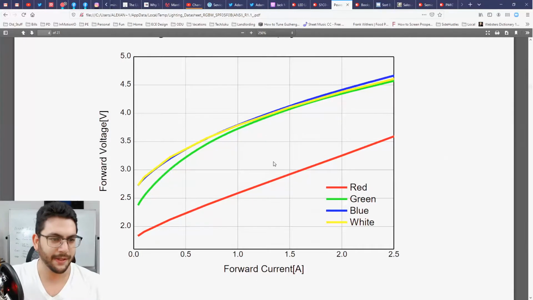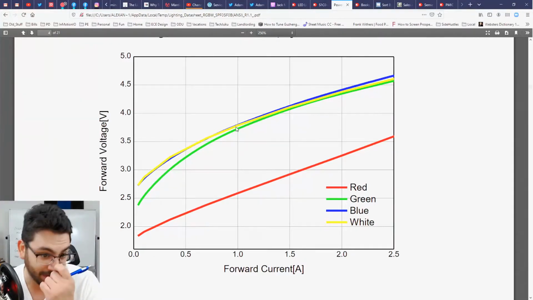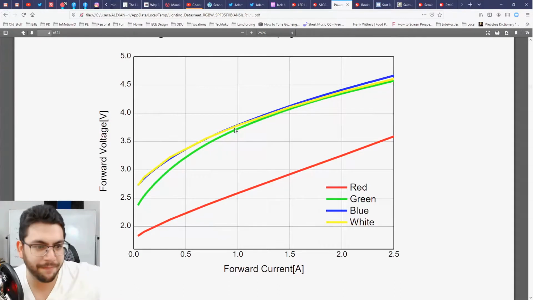Well, I could, I guess, but forward voltage is about, if I'm drawing 1 amp, about 2.7, maybe 2.6 for the red. White, I really don't care about, but white is right around blue. The rest of these are about 3.9, 4 volts. Wait, no, 3.7. It's less than 3.75. Okay, I can't read a graph. Go figure. Okay. So about 3.75, maybe 3.8.